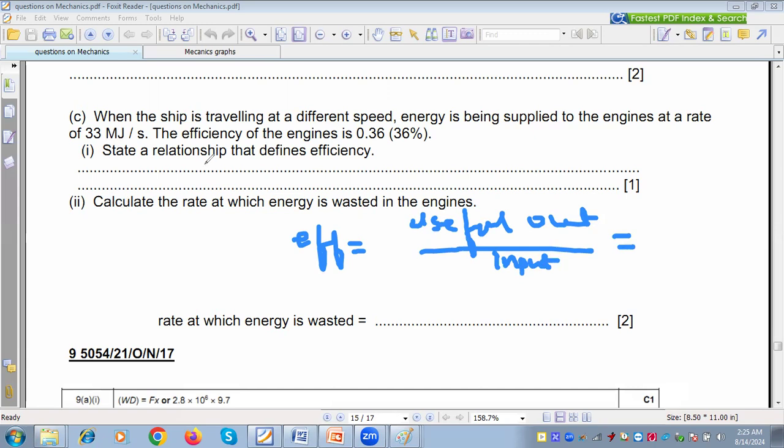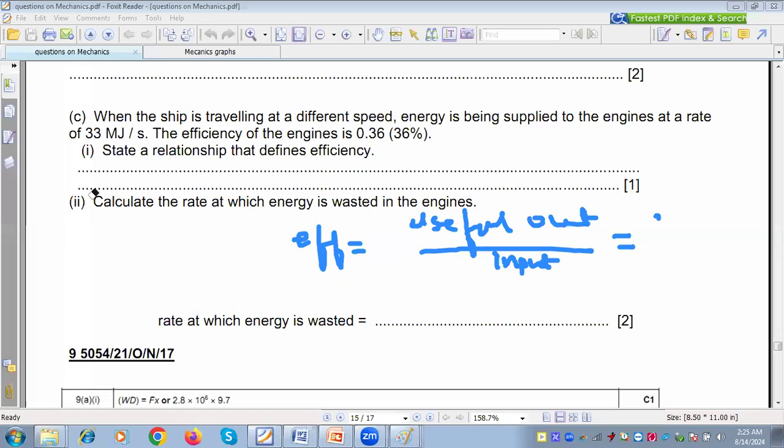So what was the energy? 33 megajoules. Either you take 36% and then subtract it from the total energy provided, or you can take the energy wasted also. Here I am taking 36 percent or 0.36, otherwise I will have to divide it by 100.